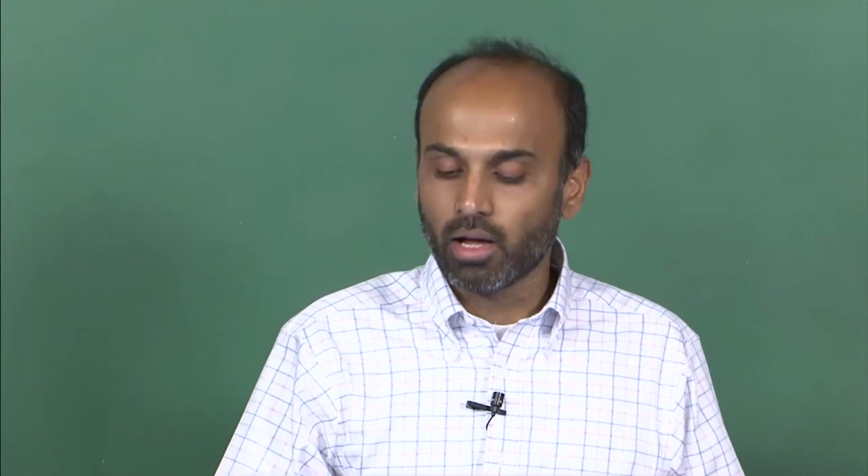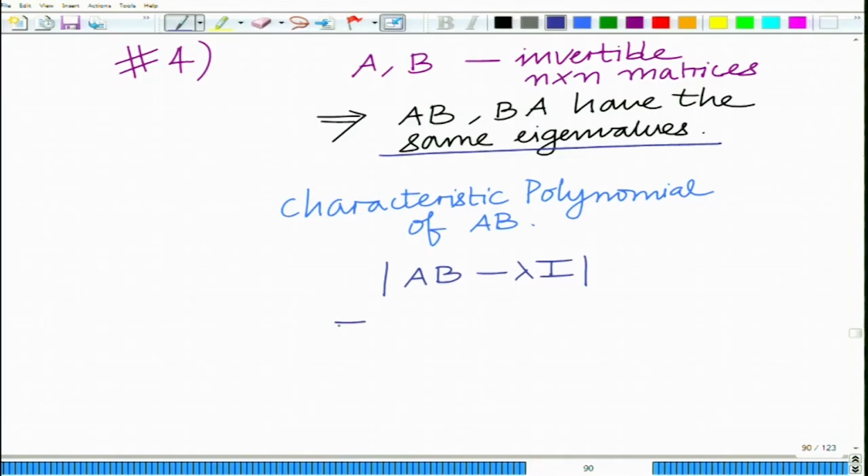The characteristic polynomial of a matrix A is the determinant of A minus lambda I. We want to look at the characteristic polynomial of the matrix AB. Therefore, that will be the determinant of AB minus lambda I. So, this is equal to, I can write this as determinant of AB A inverse minus lambda A inverse.